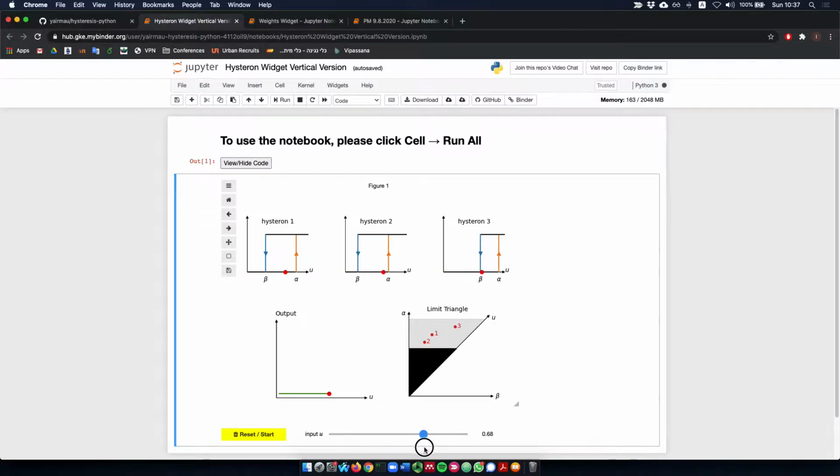What we see is how different hysterons, depending on their alpha and beta values, will respond to changes in input, how that affects the portion of the limiting triangle that's shaded, and how that therefore affects the graph of input against output. If we click on Reset or Start here, we can send everything back to the beginning. We also notice that the location of the hysterons is randomly reallocated. So that is the purpose of that widget.